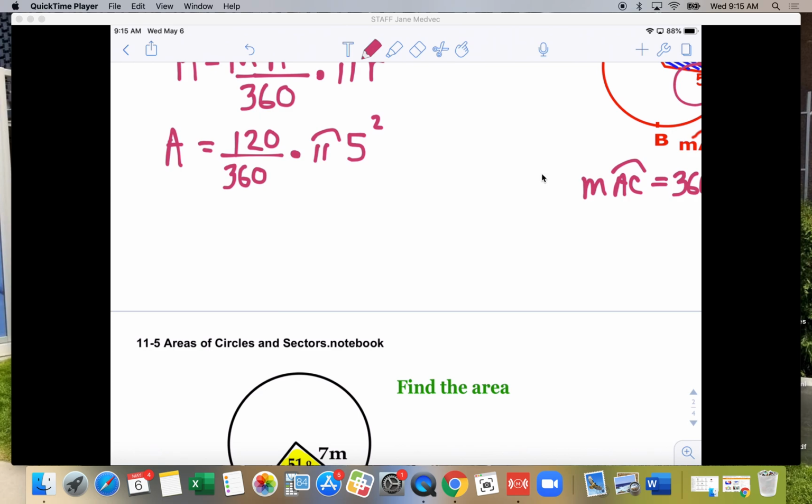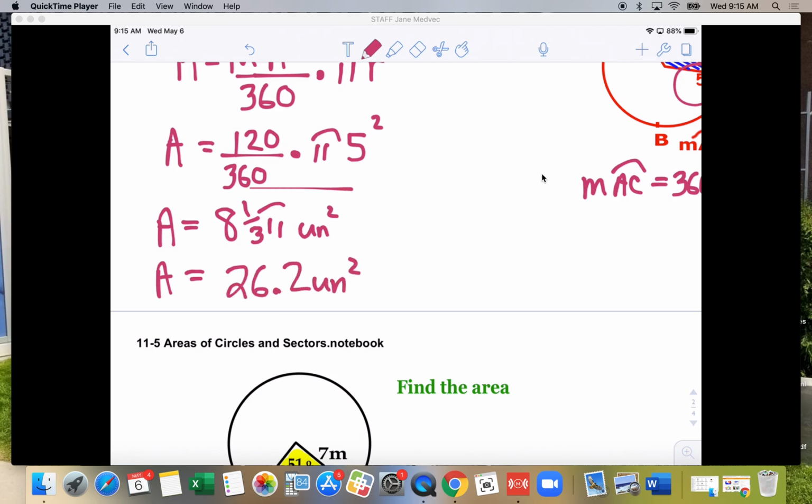You just plug it in your calculator, and the area ends up giving me 8 1/3 pi units squared, or area equals 26.2 units squared. So it depends on whether they want the exact or the approximate.